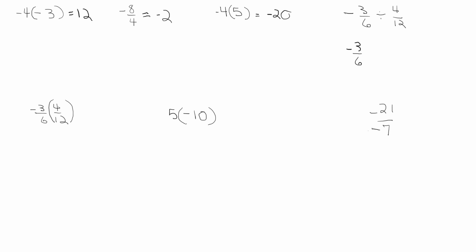It becomes a multiplication sign, and you flip this over, and then you multiply these together. We already know that it's going to be a negative answer, so let's put a negative sign here. We multiply these two together, and we multiply these two together. So what we get is 36 over 24.